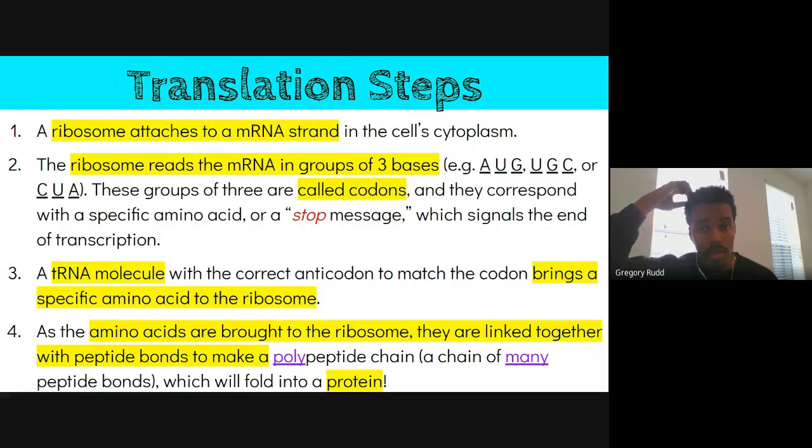So I want you to write down the steps, focusing on the words that are highlighted. I'm going to give you a lot of time to do this. Let's say 3 minutes.